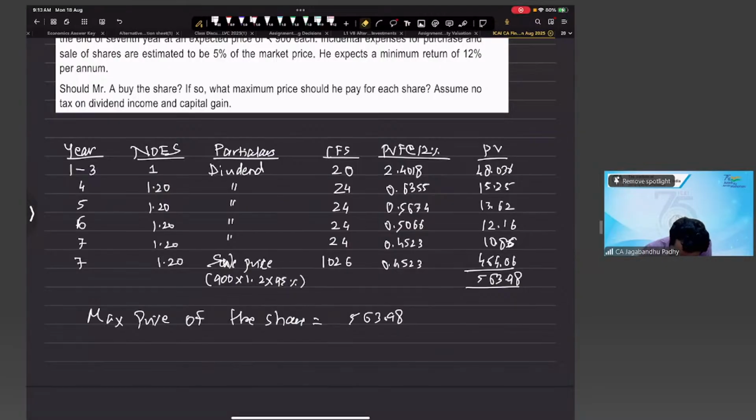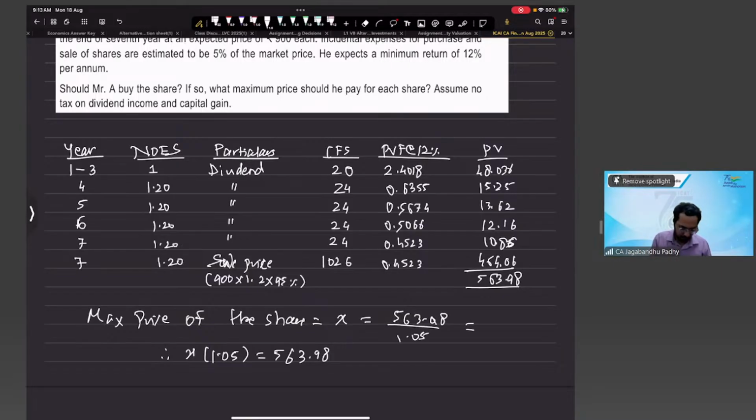So you can say the max price of the share is X. And therefore, we say X into 1.05 should be 563.98, because after accounting for all the expenses, you should cover this. So this is nothing but 563.98 divided by 1.05.